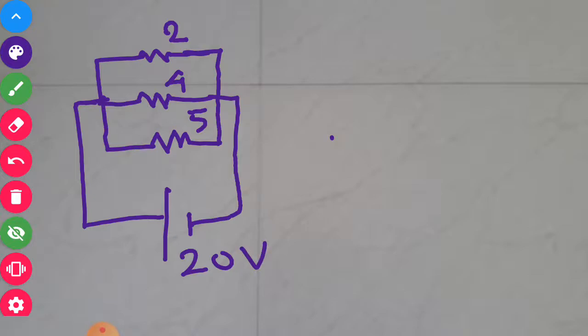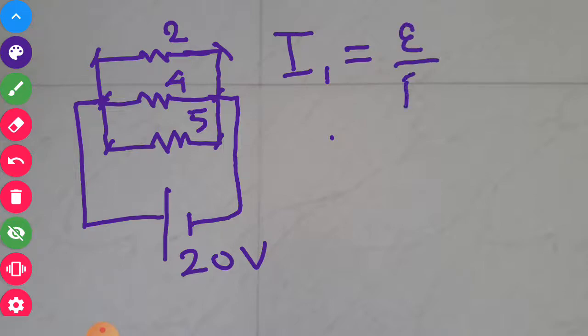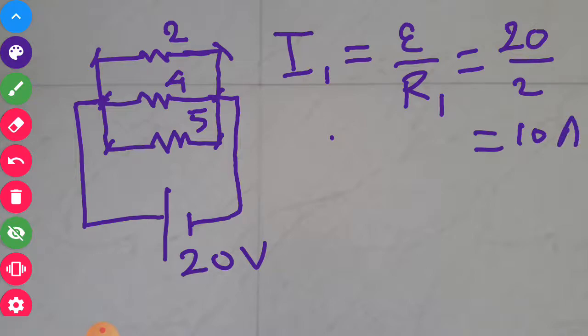Now voltage across each and every resistor is same. Voltage across 2 ohm is 20, voltage across 4 ohm is also 20, and voltage across 5 ohm is also 20 volt. Now current I1 flowing through the first resistor, that is 2 ohm, so 20 upon 2, so this becomes 10 ampere.